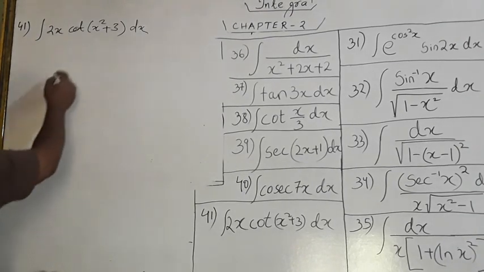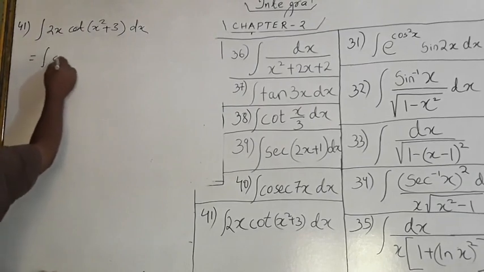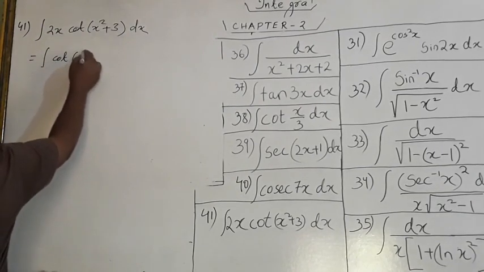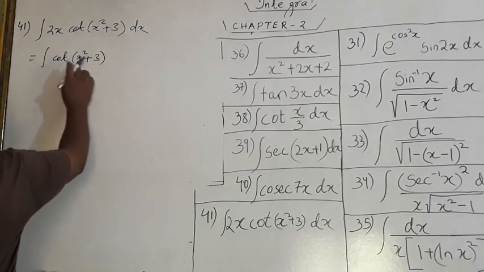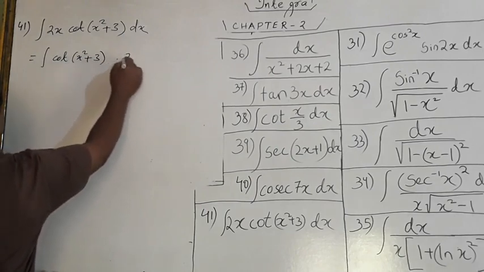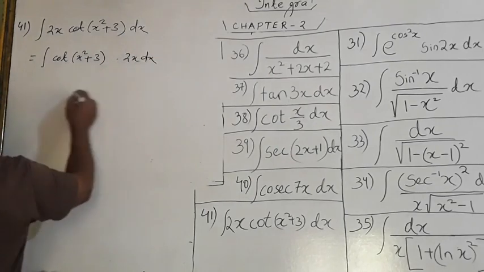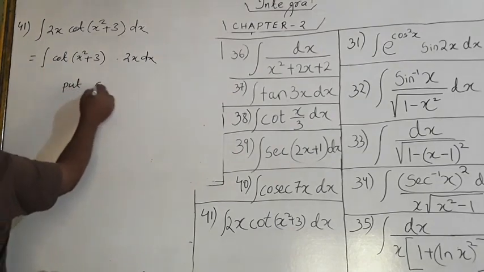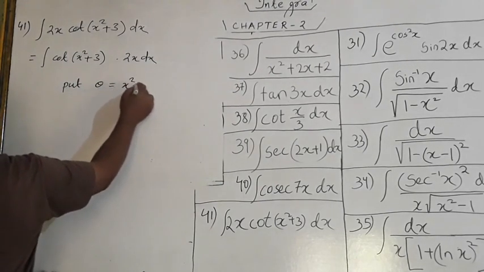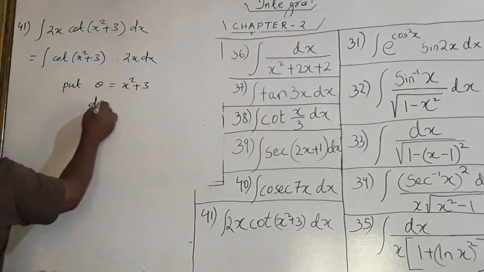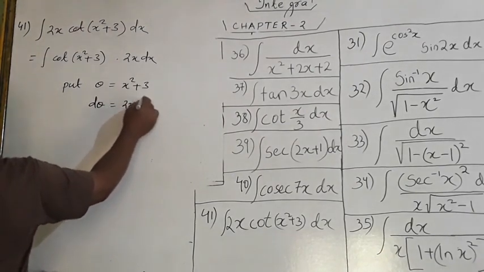Now write this problem in this form, x cot(x² + 3). As you know, the derivative of x² + 3 is 2x dx. So put theta equal to x² + 3 and d theta equal to 2x dx.